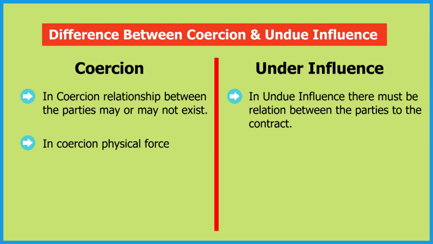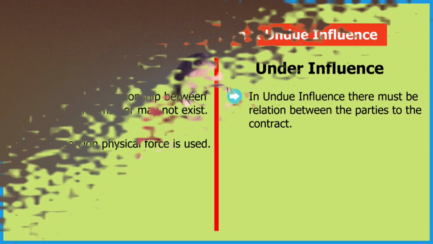The last distinction is coercion. There exists use of physical force. Physical force is the first thing that is visible in the eyes of law. So you are obtaining a person's consent by the use of a gun or weapon, right? Whereas undue influence is mental pressure. It is mental force.